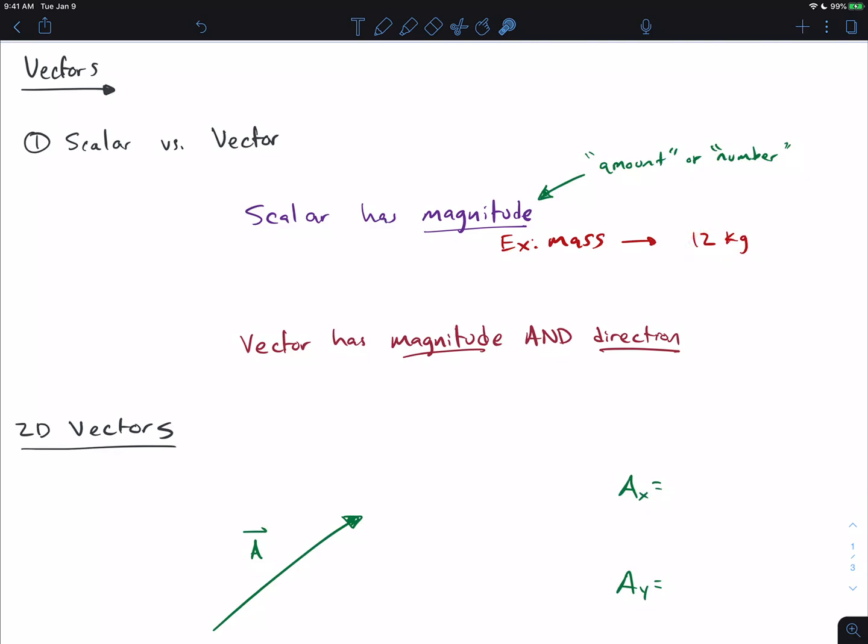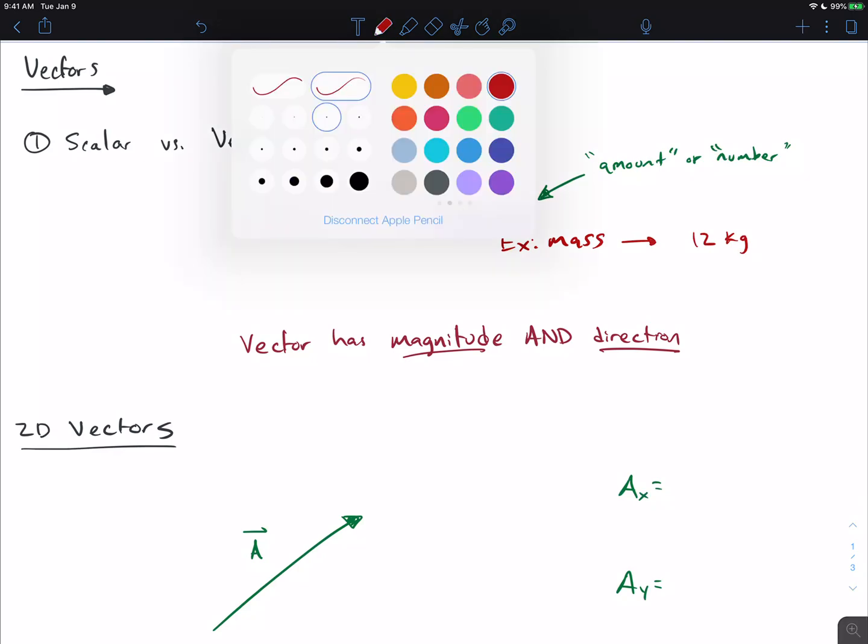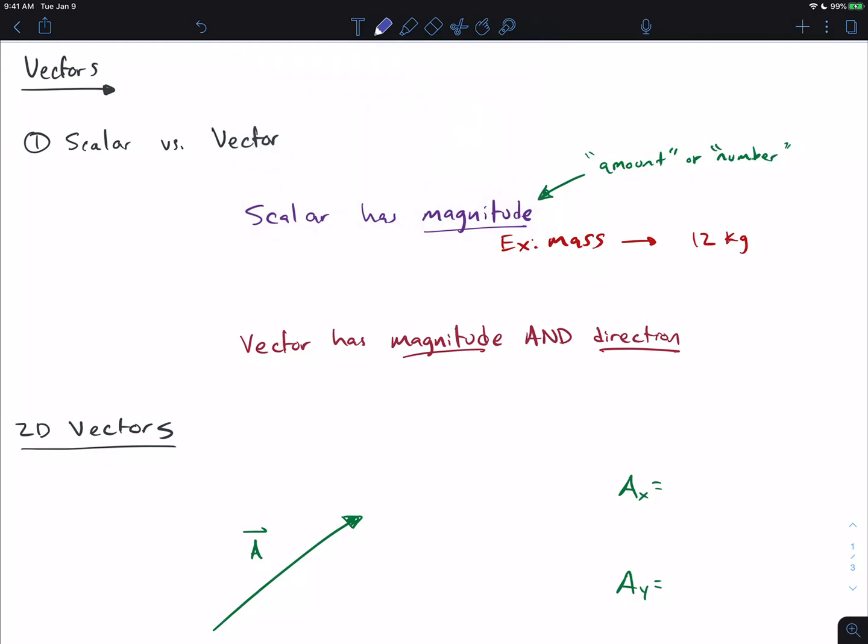Vectors are a little bit different. When I talk about vectors, we have two parts here. One is magnitude and the other one is direction. So you may have seen this in the one-dimensional motion video, when we have, let's say, a ball that is moving downwards, and I want to talk about the velocity of this ball.